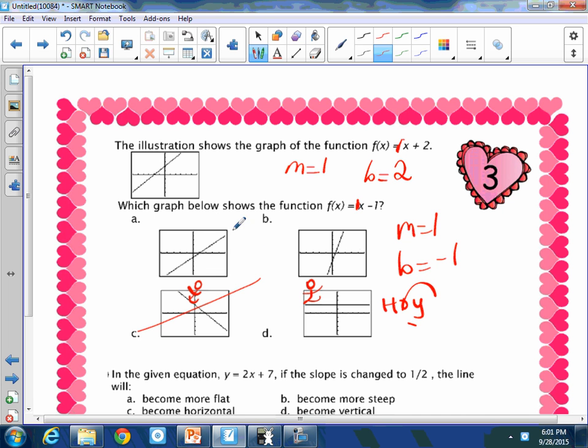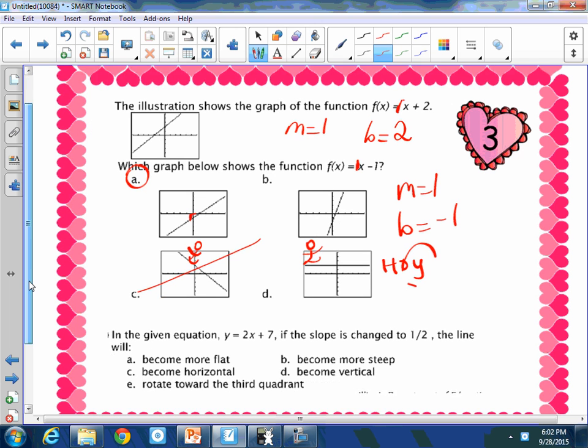And in these two, Jimmy is definitely going to heaven because he's going up. So let's see which one touches -1. Both of them touch -1. But which one has a slope of 1? 1 over 1 across. That would be letter A.